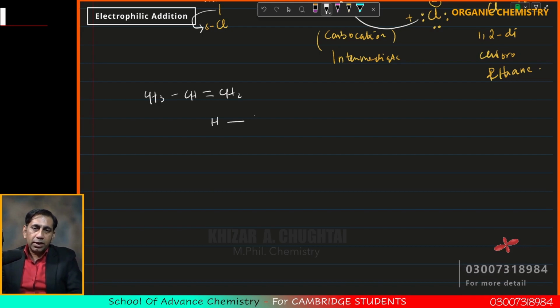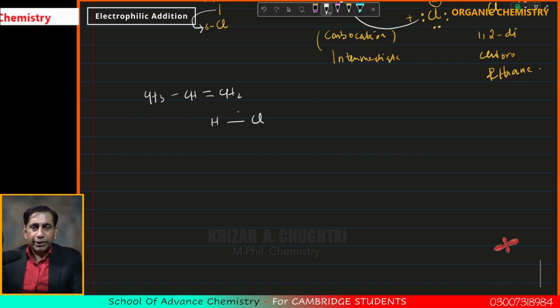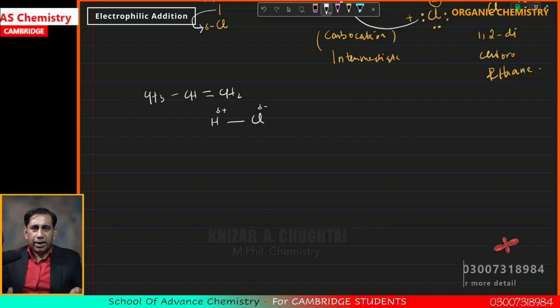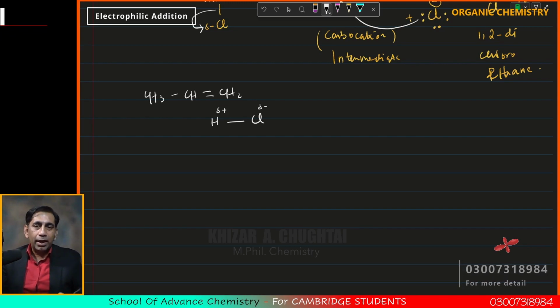Now this time HCl is a permanent polar molecule. There is no need for charge separation. It already has charge separation: partial positive H over here and partial negative Cl over here. That is a permanent polar molecule, a permanent dipole.